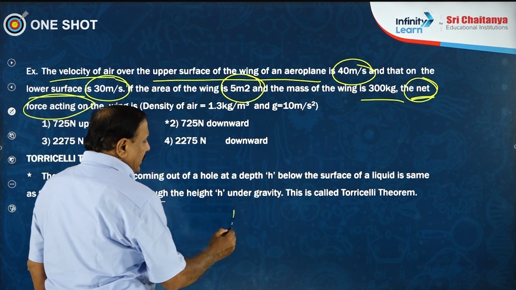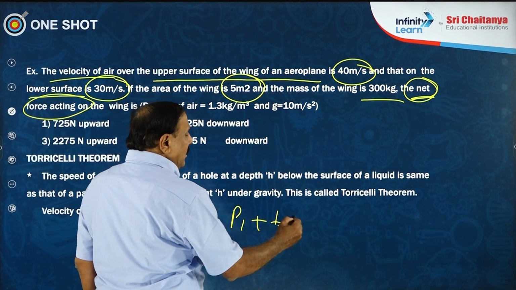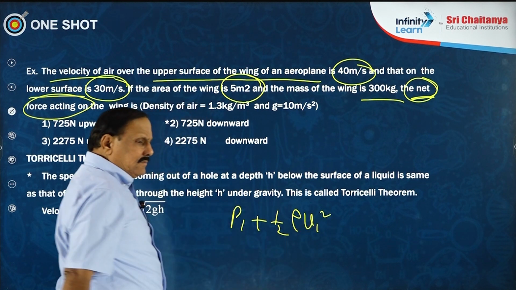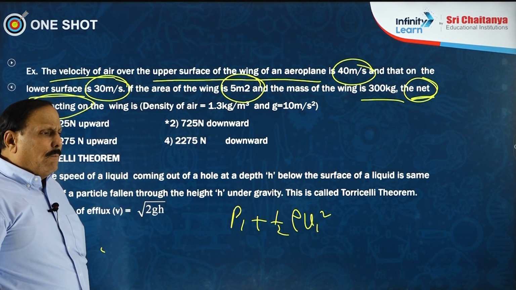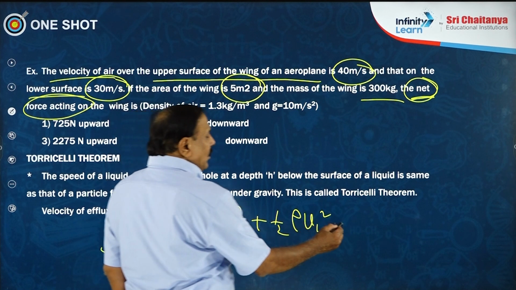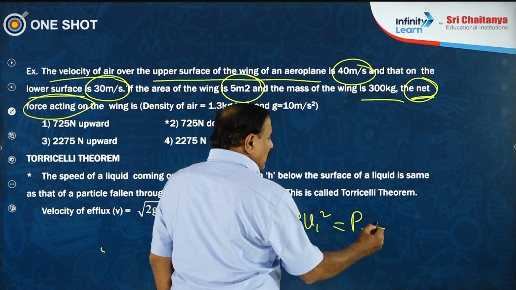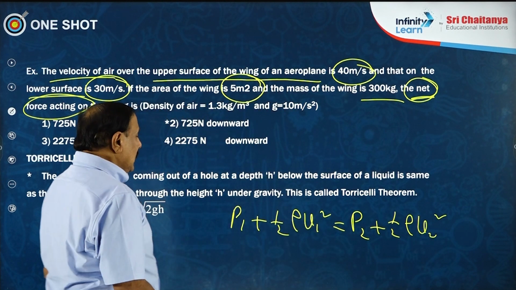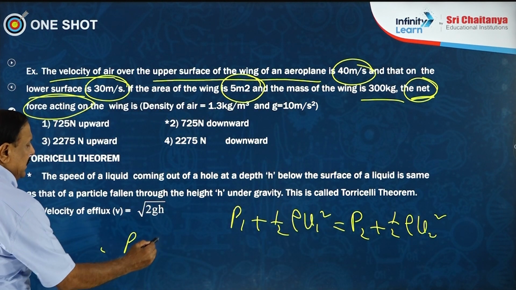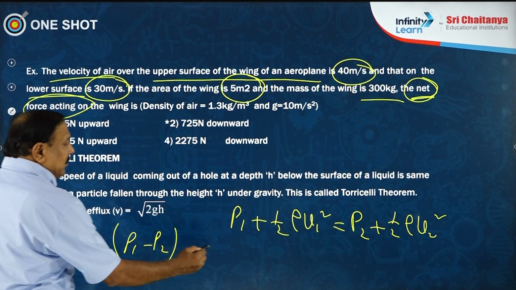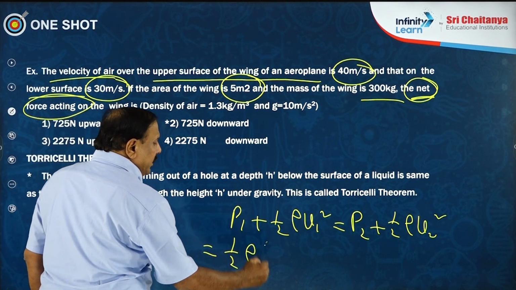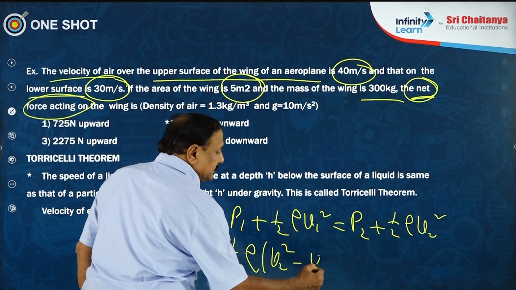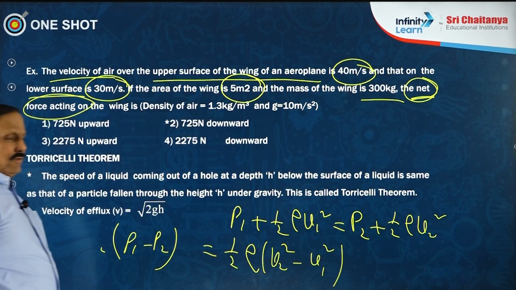Applying the Bernoulli's theorem, P1 plus half rho V1 square, this is on the top or upper side of the wing, and at the lower side of the wing, P2 plus half rho V2 square. By rearranging we get P1 minus P2 is equal to half into rho into V2 square minus V1 square.